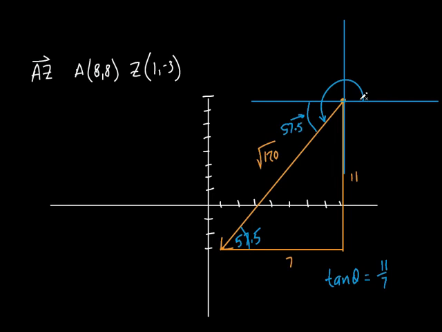But to find the whole entire angle, this thing right here, what do you have to do to it? You're going to have to add 180, right? From here all the way to here is 180, plus this right here, which is 57.5. So you have to go 180 plus 57.5, and that's 237.5. All right, so 237 degrees.